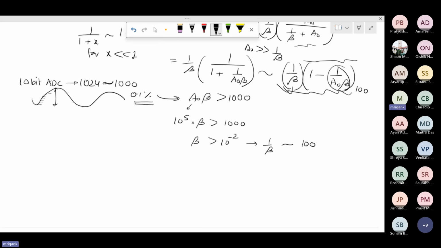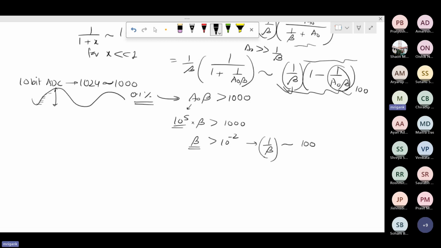If you go beyond that, then you will need a higher A naught also, right? Because the gain is 1 upon beta. Are you getting the point? So this constraint tells us how much closed loop gain 1 upon beta you can have from a single stage, provided the A naught is 10 to the power of 5.